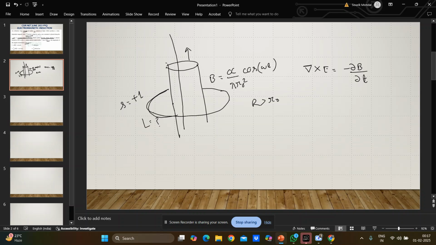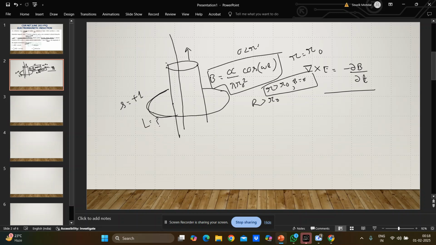This is the formula which we are going to use for this problem. First look at the statement of the question: the magnetic field is valid only for the region r less than R naught. For r greater than R naught, B is equal to 0.